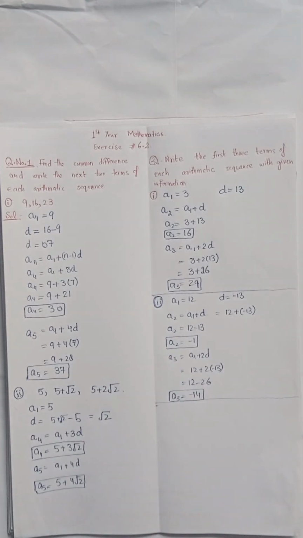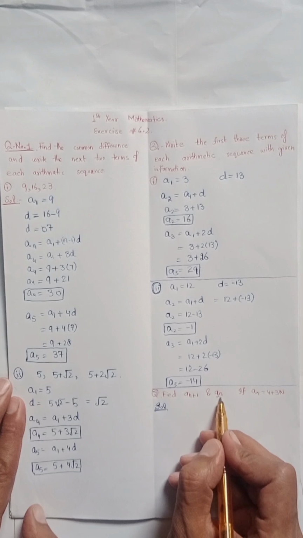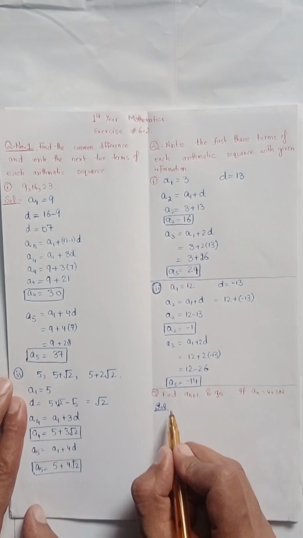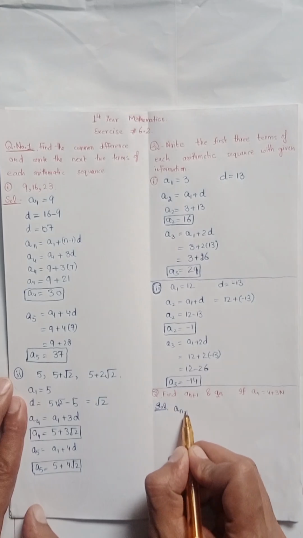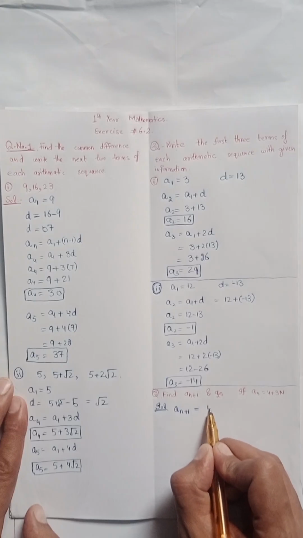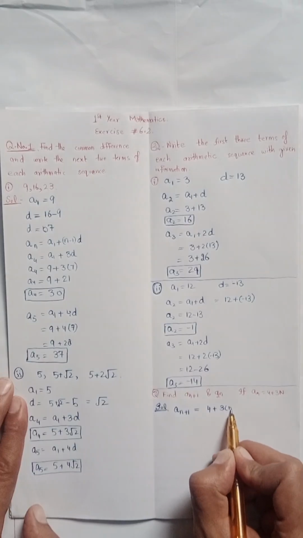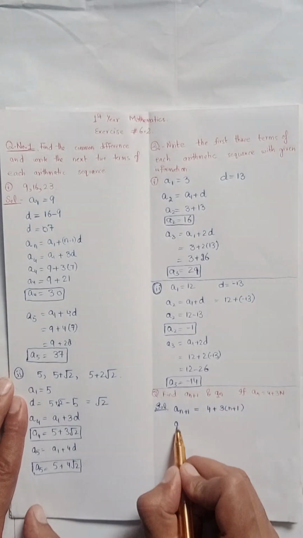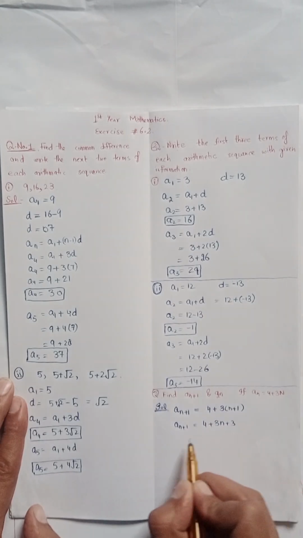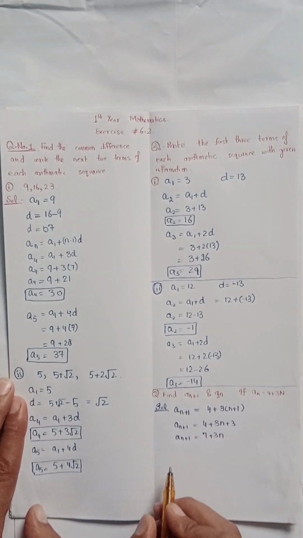In question number 3, find a(n+1) and a(2n) if an is equal to 4 plus 3n. We can find a(n+1), that should be equal to 4 plus 3 into (n plus 1). a(n+1) equals 4 plus 3n plus 3, and a(n+1) equals 7 plus 3n.